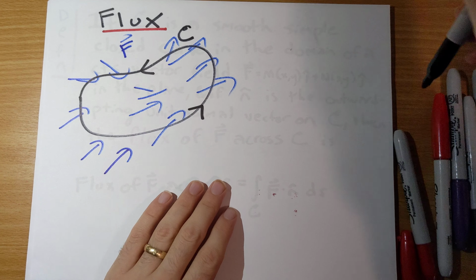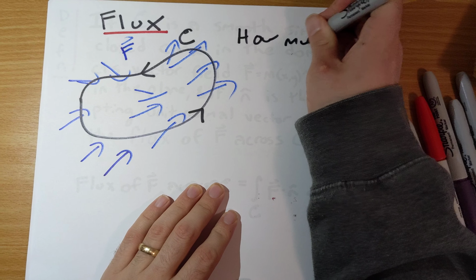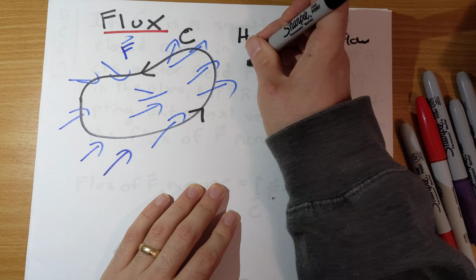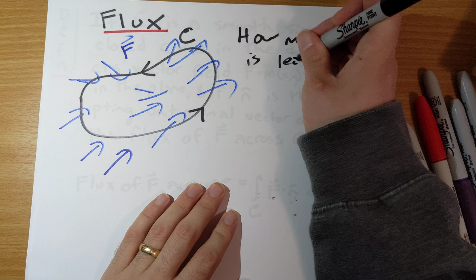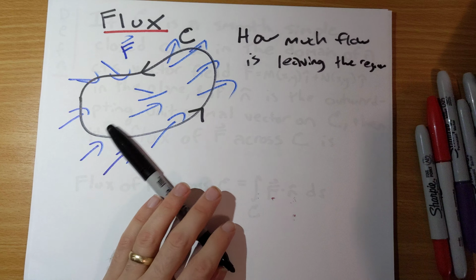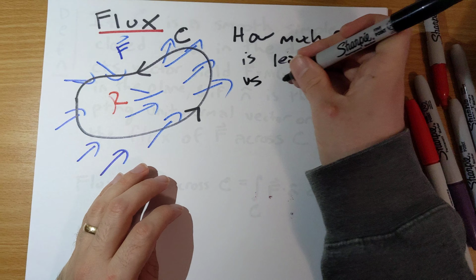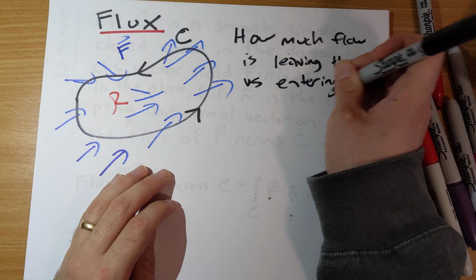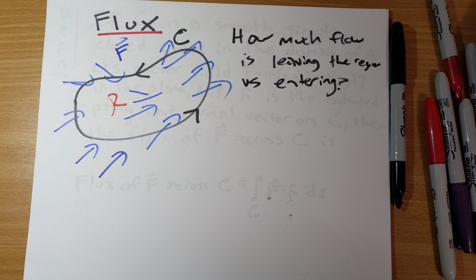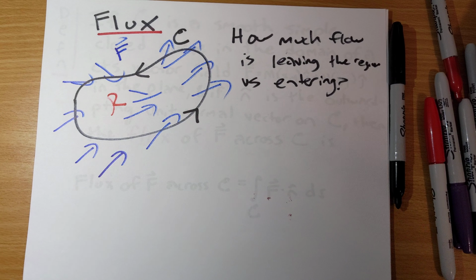So the question here is, how much flow is leaving the region? Let me say this region here is R, versus entering. And how can we precisely quantify how much is leaving and how much is entering?